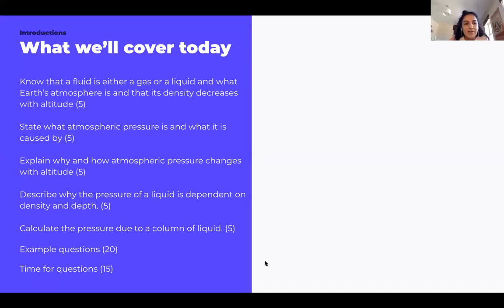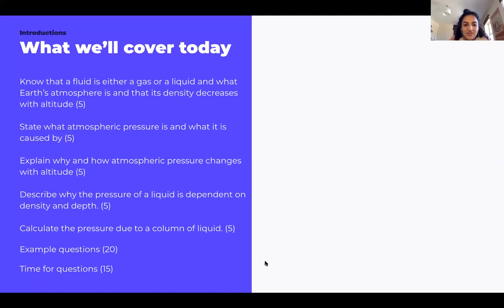Cool. Okay, so we'll just go through what we're going to cover today first. Not too much content today, just little bits of information. I'm going to go through two equations, so not too many. We're going to go through what a fluid is, what the Earth's atmosphere is, and how the density of the Earth's atmosphere changes with altitude.